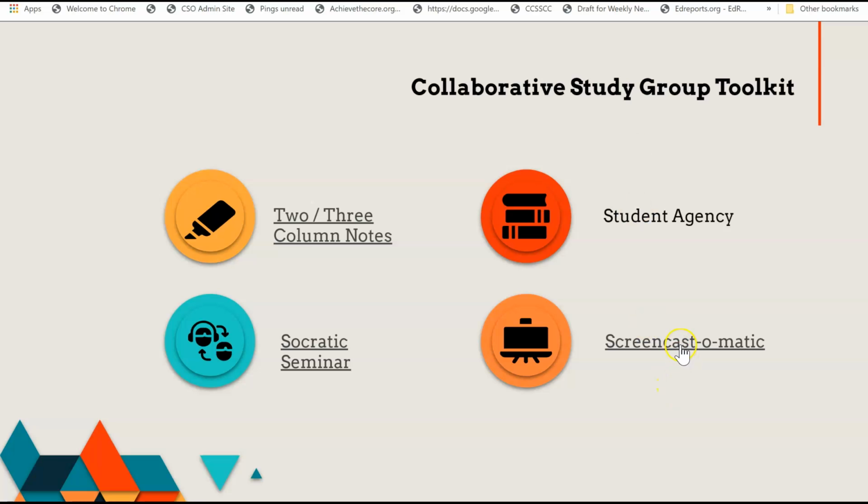Finally, Screencast-O-Matic, that's what I'm actually using today. So sometimes you can push out these great articles, and that could be a small group where they're reading it. You could also push out your own notes or your own lecture so that you have free time in order to meet with a small group. So say you have some information that you really want to add to the article that the students are reading, but you want to have that small group that you're able to work with.